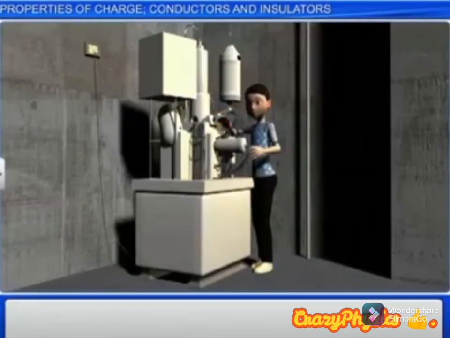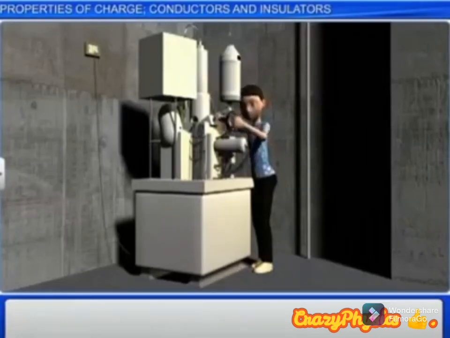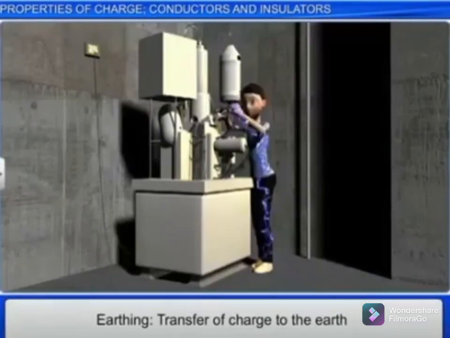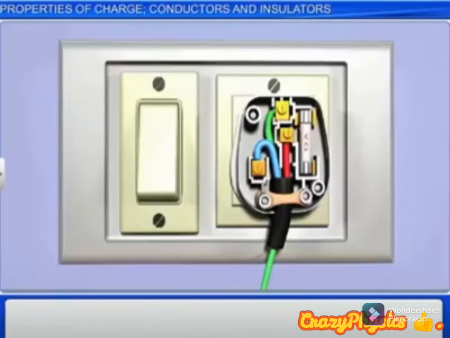In the absence of the gloves, any leakage in the current from the electrical equipment is transferred through the body to the earth, and this is known as grounding or earthing. In any household electric circuit, in the mains supply, we see 3 wires, namely live, neutral, and earth.